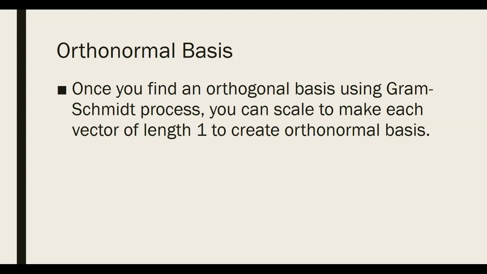So the idea of orthonormal has come up before. It's basically an orthogonal basis where every vector has length 1. So if we don't want just an orthogonal basis, but rather an orthonormal basis, we basically just use the Gram-Schmidt process, and then at the very, very end, we scale everything to make it length 1.